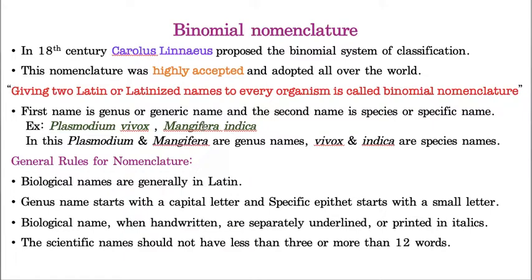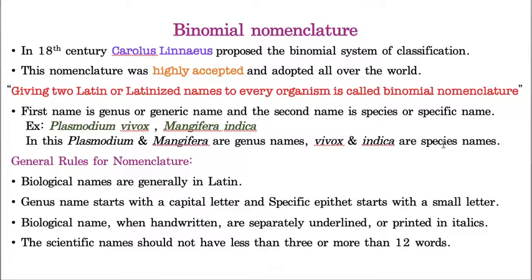Whereas the second names, vivax and indica, are the species names. So when giving two names, one name must be the genus name and the second must be the species name, and that is called binomial nomenclature. Hope I'm clear to you now.